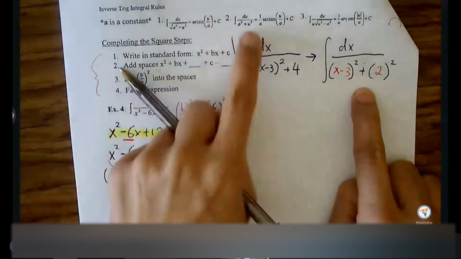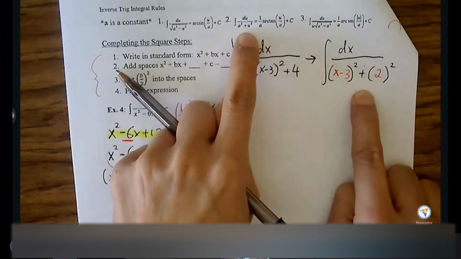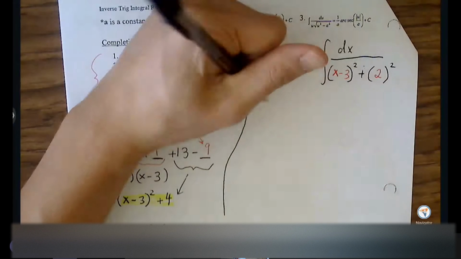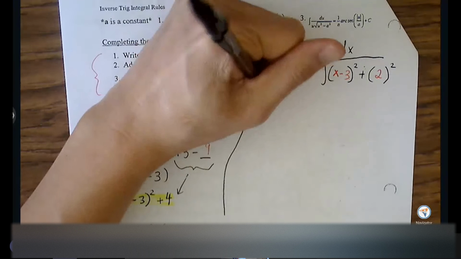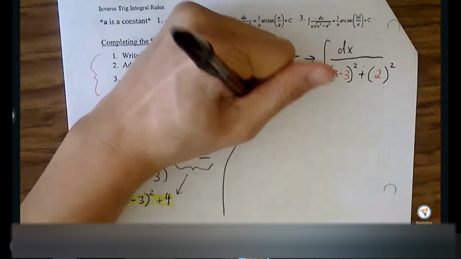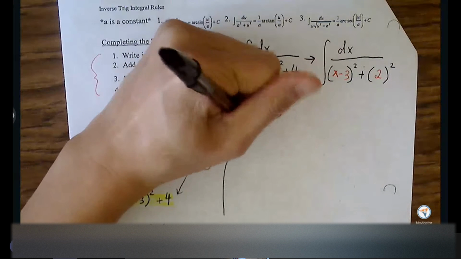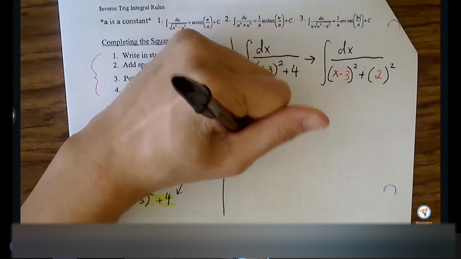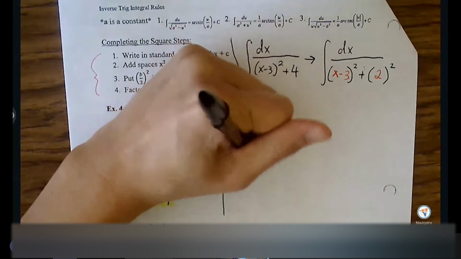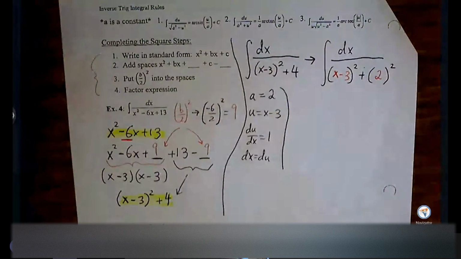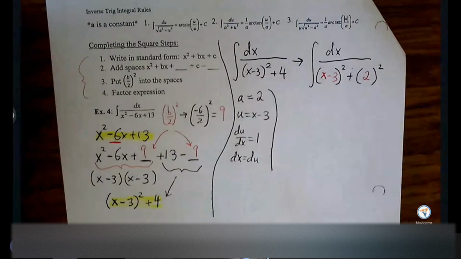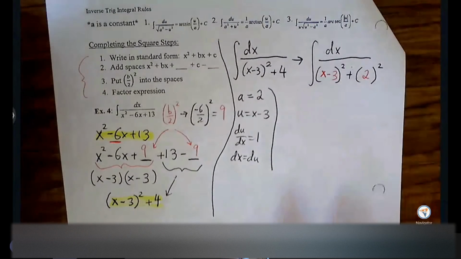Okay, next step, we're going to work towards our rule. So let's identify our a and u value, go through u substitution, make sure everything matches. Okay, dx gets replaced with du.